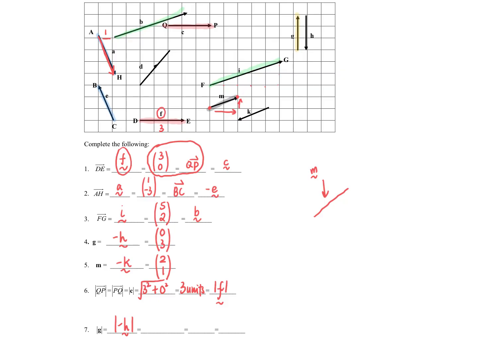I know this one is 2 units and this one is 1 unit. So to find this length, I use Pythagoras theorem: a squared plus b squared equals c squared. So you take a square root. So this will give you the length of M. So you are basically squaring the x and the y.